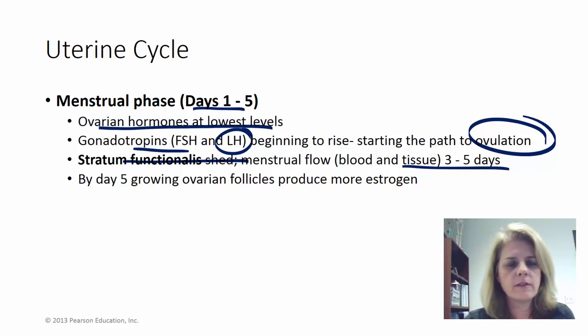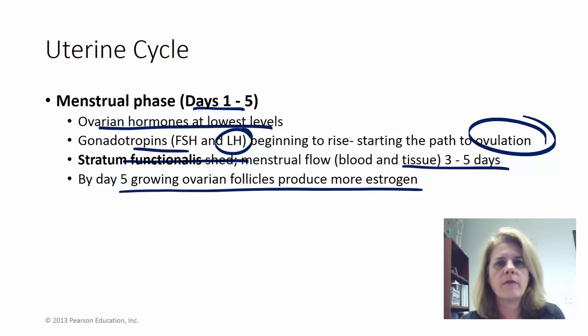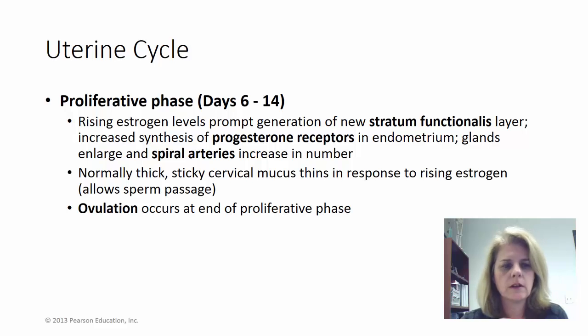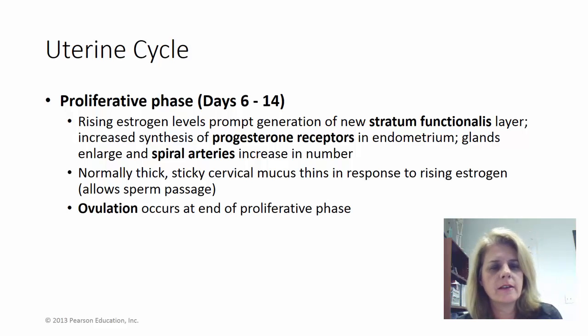By day 5, these ovarian follicles are starting to produce more estrogen. So while this is going on in the uterus, stuff's going on in the ovary as well. All right, so the proliferative phase is around day 6 through 14. So estrogen levels are rising because of the FSH and LH working on the ovary, right?